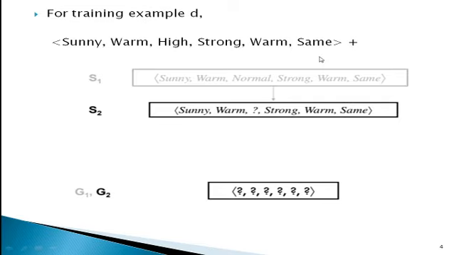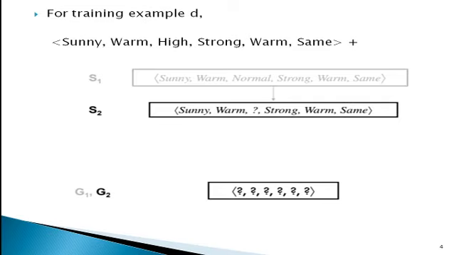So when you consider this positive example, the effect is generalizing S to S2. Earlier it was S1, now I am generalizing it to S2, right? And I will leave the boundary set G again as it is, unchanged. Here we can say that G0 is the same as G1, which is the same as G2, that is G0 equals G1 equals G2.